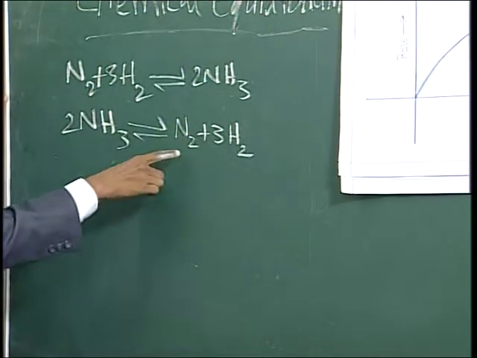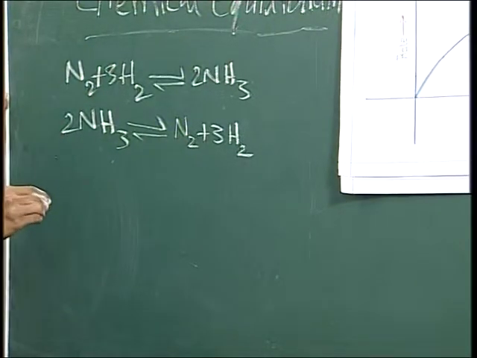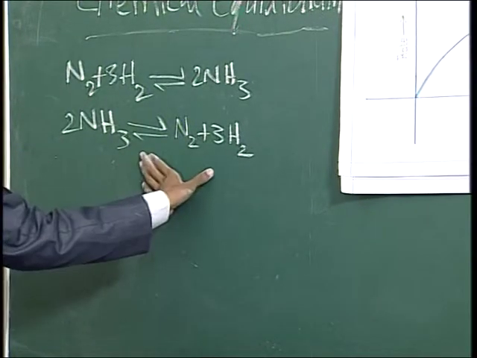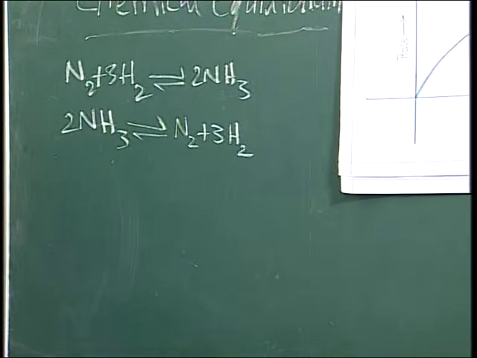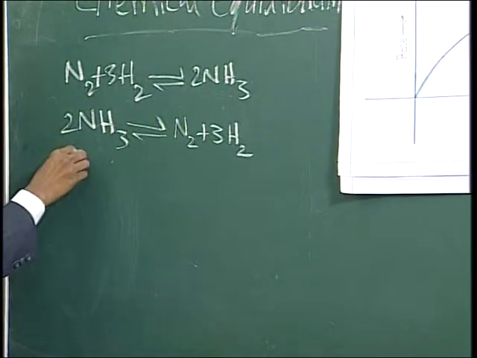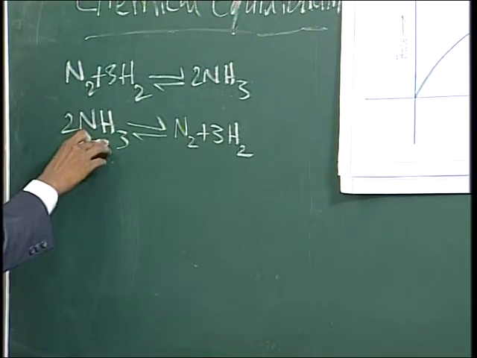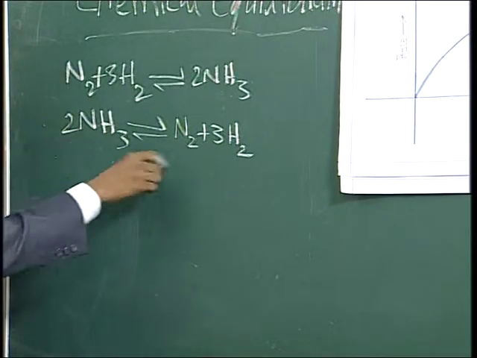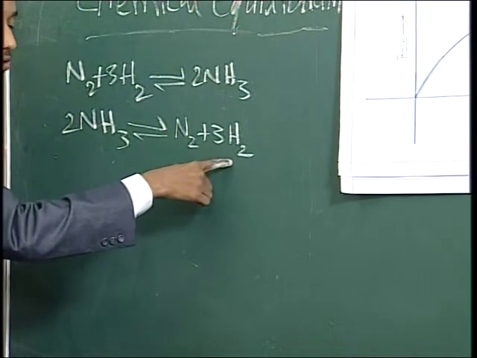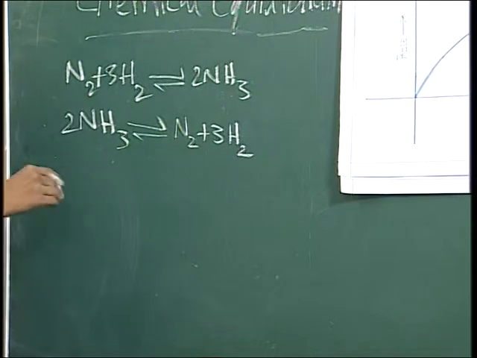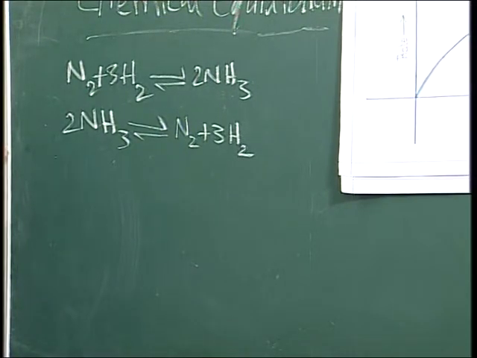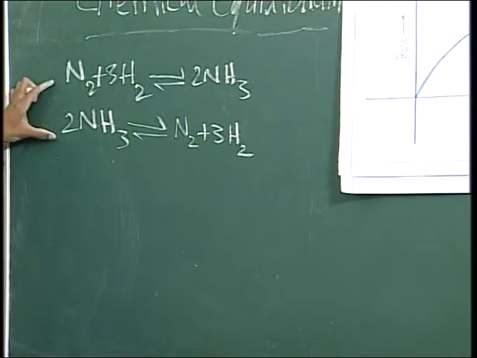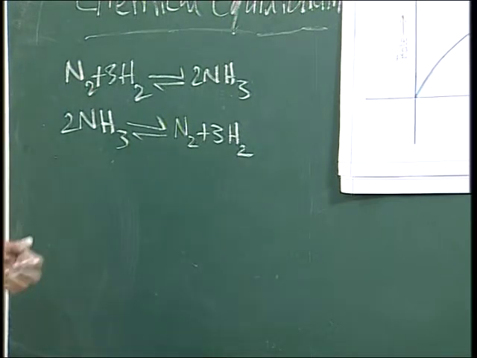What we will observe in both reactions: the concentration of the ammonia goes on decreasing and the concentration of N2 and H2 goes on increasing until the system reaches equilibrium. At that stage they both attain the equilibrium state.